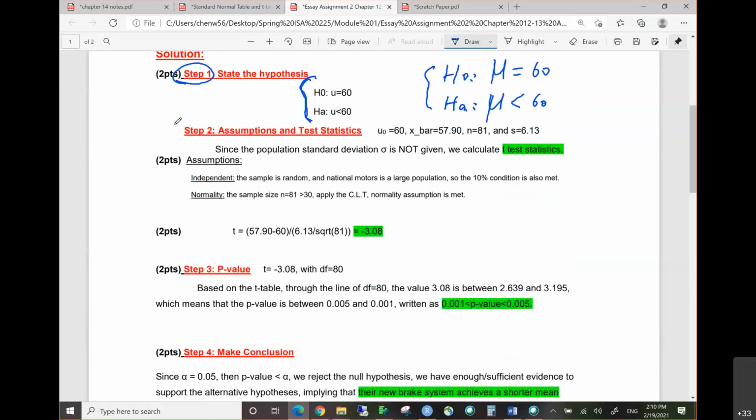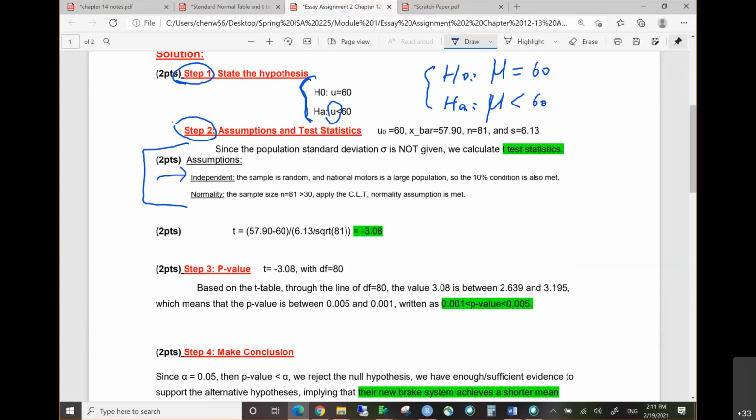For step 2, remember, every time you calculate by any formula, remember to check the assumptions. Even after assignment 1, I still see some of you skip this step. Never forget to check the assumptions. In this case, we are testing the population mean, so we have the independence assumption, that means randomly selected and the 10% condition.